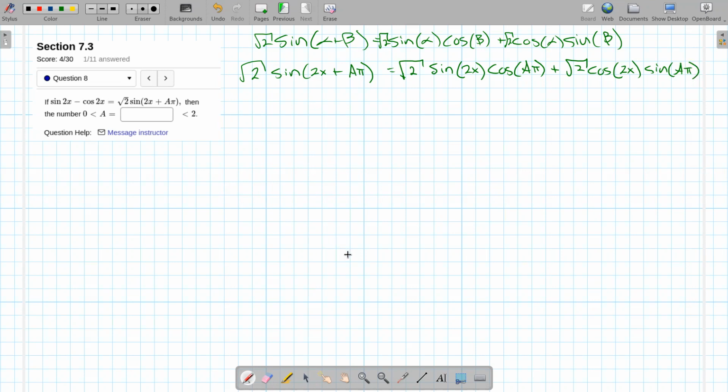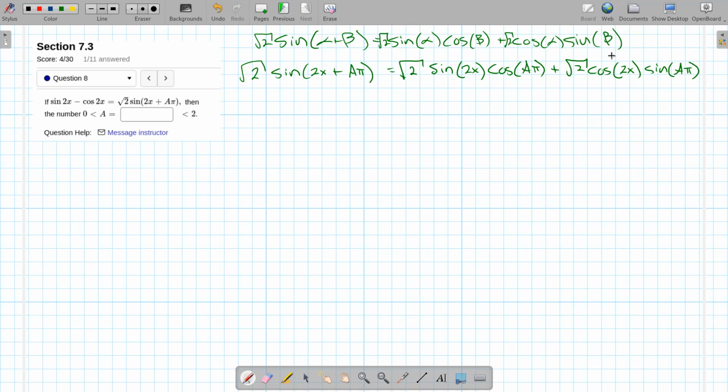And we need to figure out what a is. So square root of 2 is in every single part. Oh wait, I'm not done comparing. I need to compare to this over here on that side. Well, the square root of 2 is in every part, so I'm going to get rid of that first.